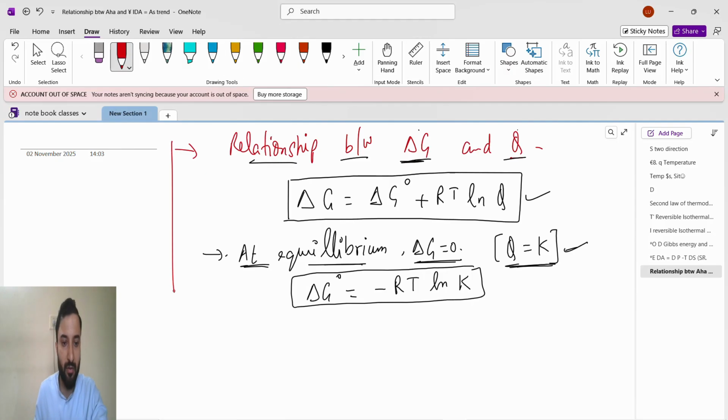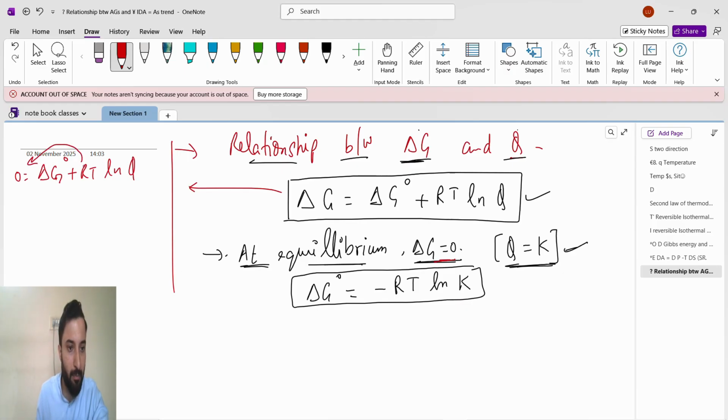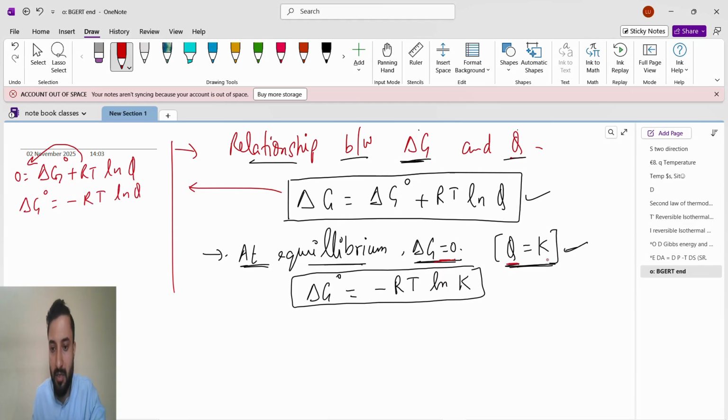Okay, if you know, guys, I can do it like this also. See, at equilibrium what will happen? Delta G is 0. This is 0 equals delta G naught plus RT ln Q. So this RT ln Q will go to that side, plus will become minus. So delta G naught equals minus RT ln Q. But at equilibrium the reaction quotient will become the equilibrium constant.